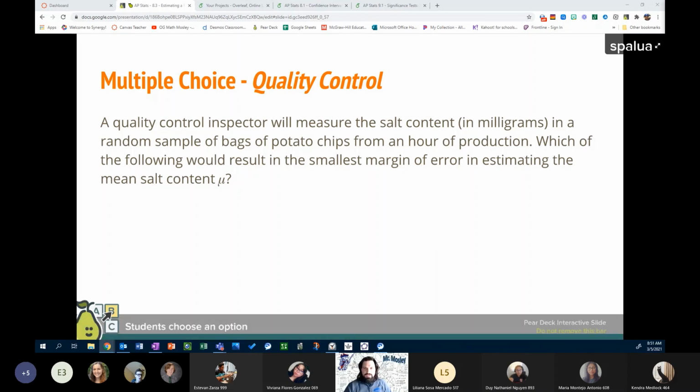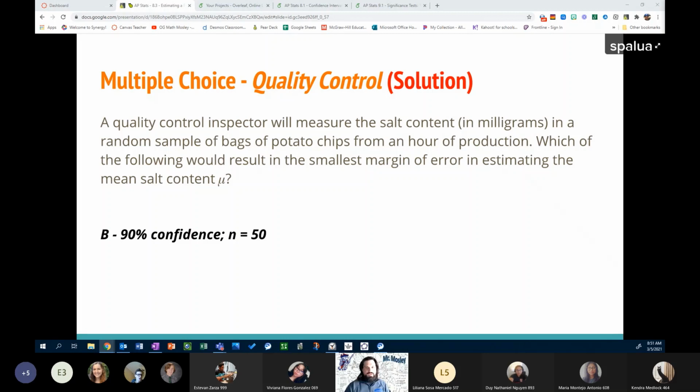Real quick, if you haven't made a selection, make a selection. We're going to talk about this problem. So again, which of the following would result in the smallest margin of error in estimating the mean salt content mu? All right, and the answer is B, 90% confidence with a sample size of 50.